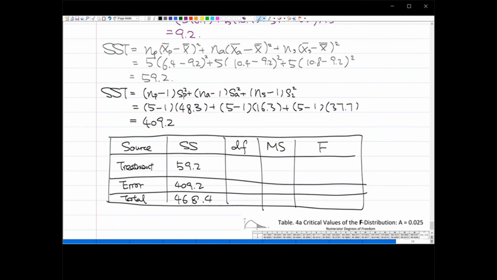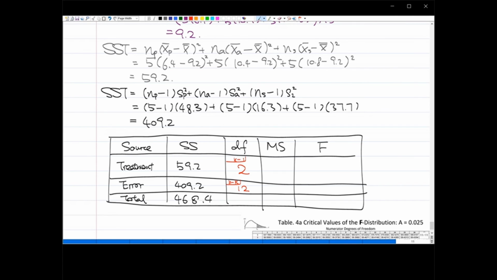And degrees of freedom here is always k minus 1. K is the number of groups, so here it will be 3 minus 1, which is 2. And this is n minus k. So we have 15 data points. 15 minus 3, and we have 12.